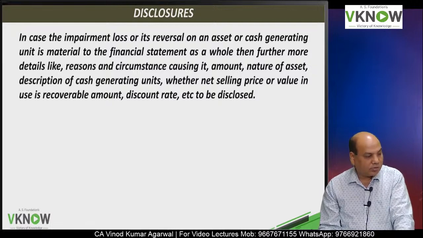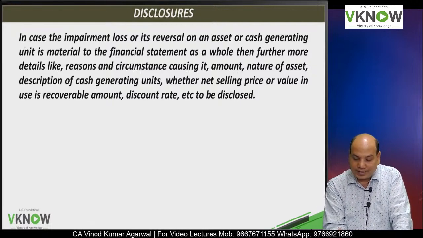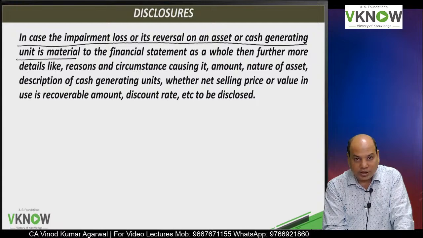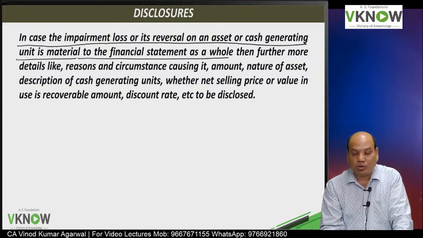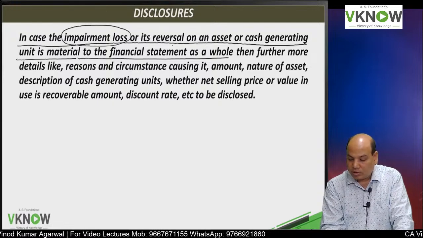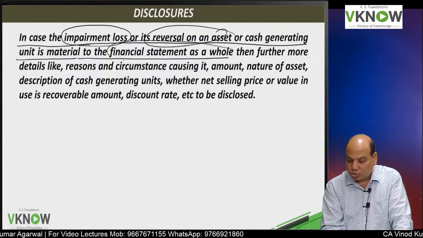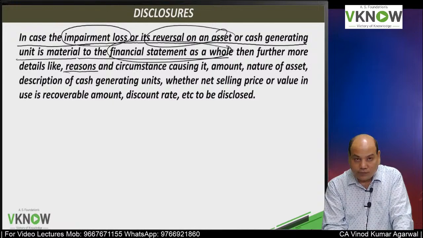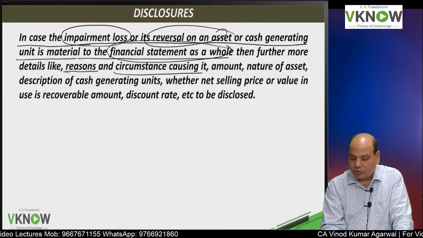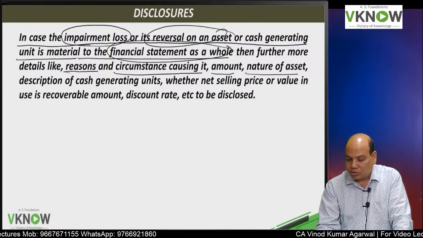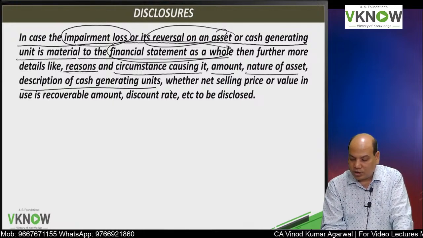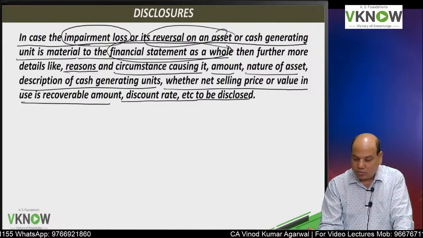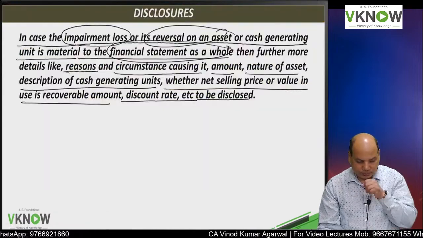Next are the last two to three lines for disclosure. In case the impairment loss or its reversal on an asset or cash generating unit is material to the financial statement as a whole, then more details are given, like the reason for impairment, circumstances causing impairment, amount, nature of asset, description of the cash generating unit, whether net selling price or value in use is the recoverable amount, and whatever discount rate is used will be disclosed.